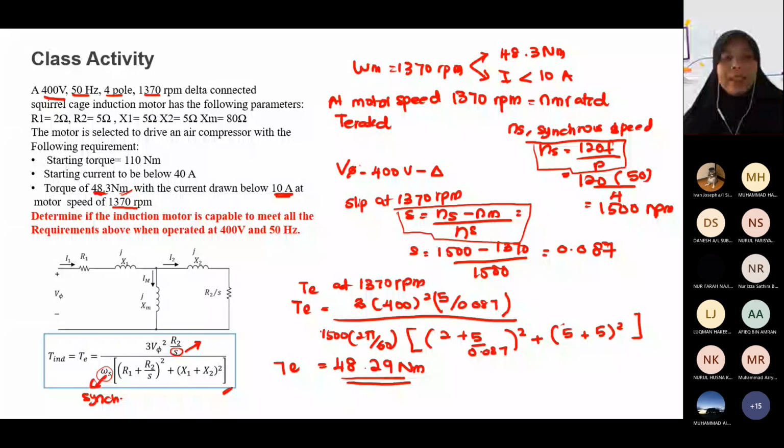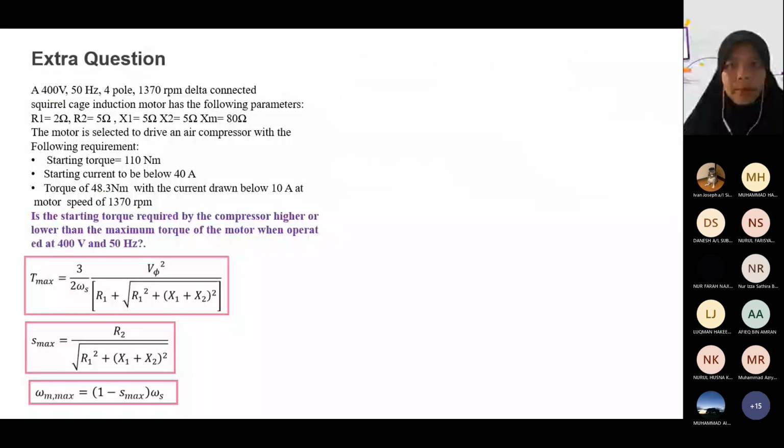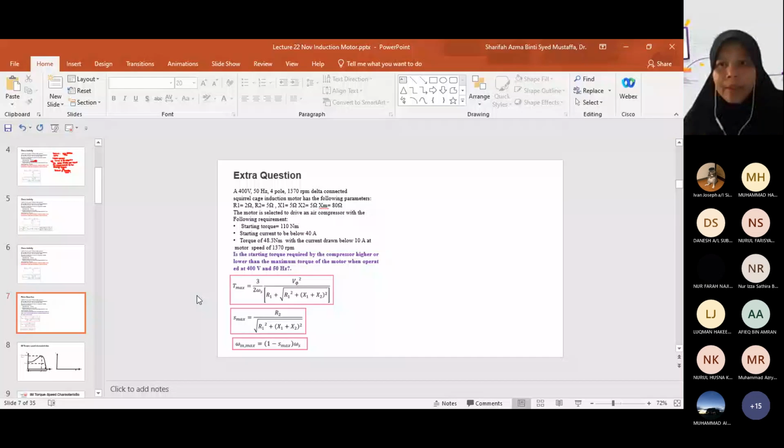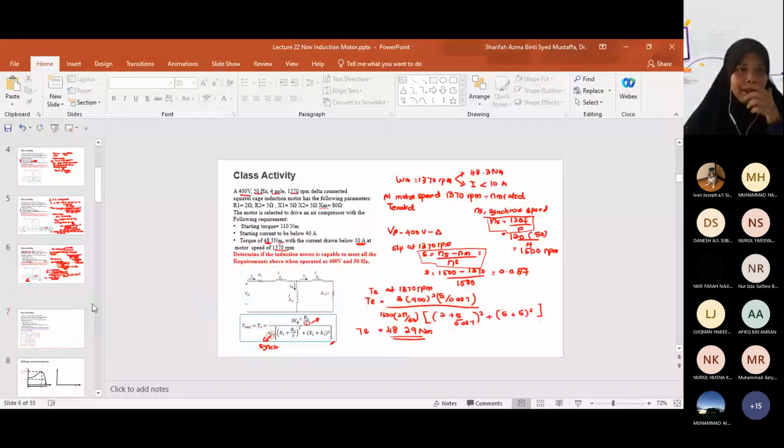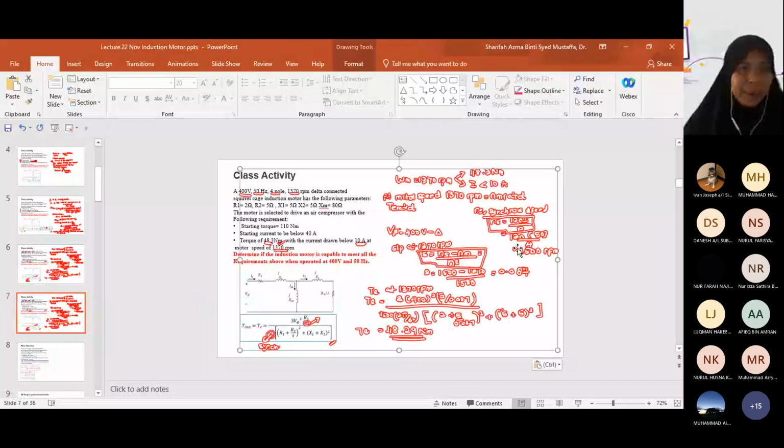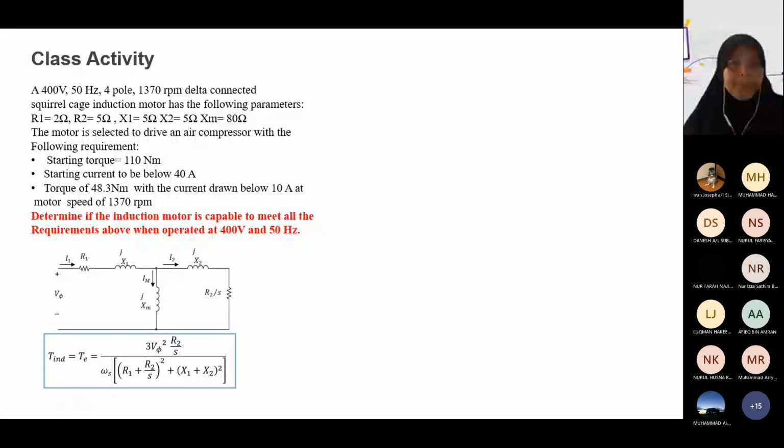Okay, so next. Sekejap. Nak calculate for the current. Alright. And next we want to calculate for the current. Apa yang formula kita nak guna nak calculate current tadi?